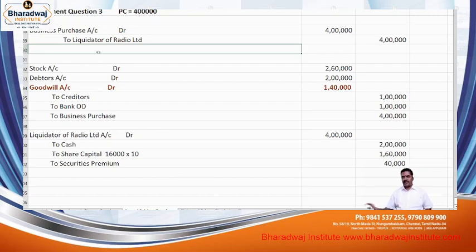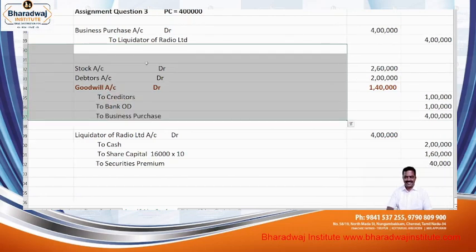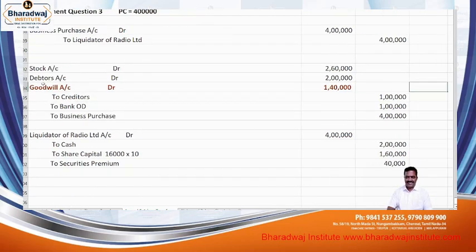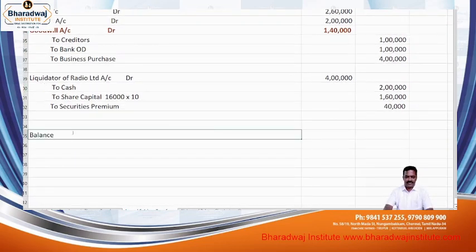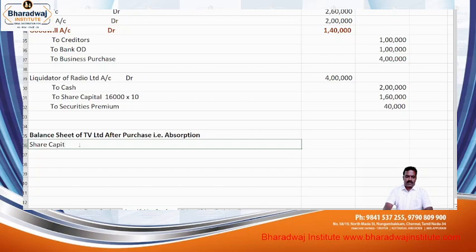Balance sheet, you prepare. Balance sheet of which company? Share capital.